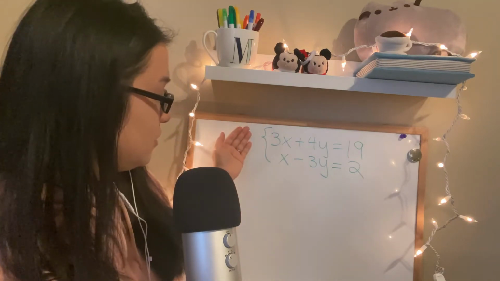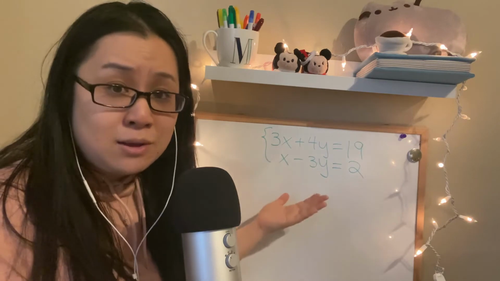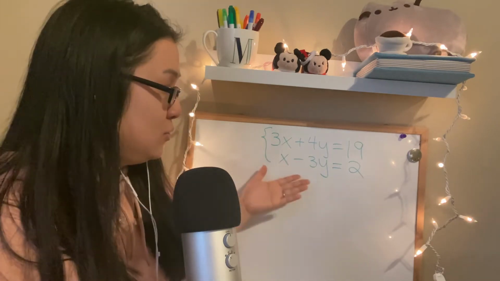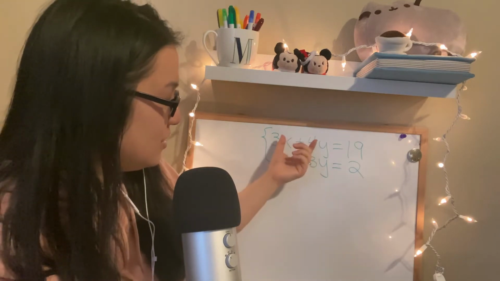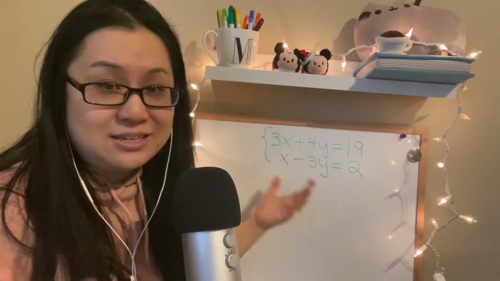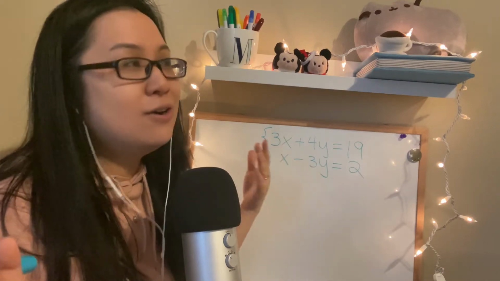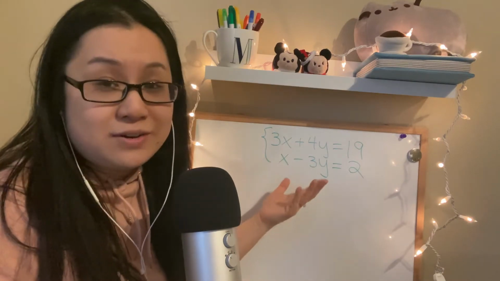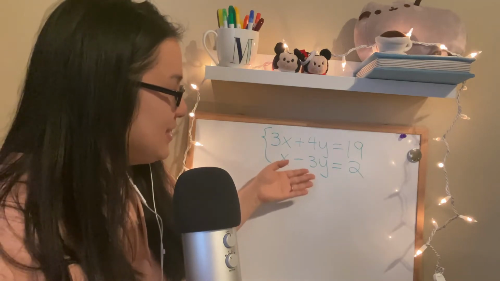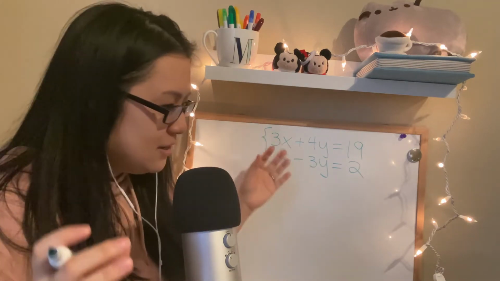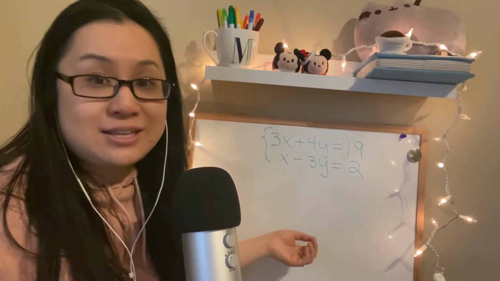So if this has infinitely many solutions and this has infinitely many solutions, how are we going to find just the right pair that satisfies both of them at the same time? So we don't want to guess and check all day. You might not even ever get there, right? So we want to have some kind of logical way to look at this.